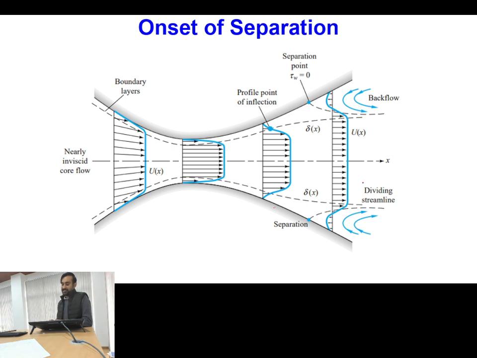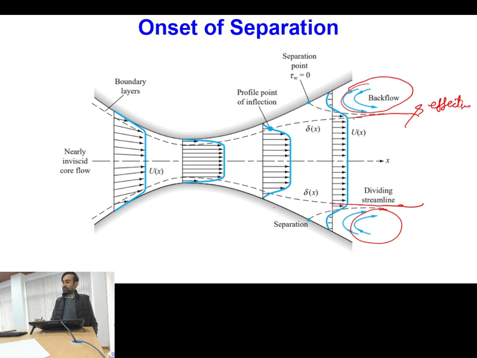Once velocity is decreasing, at the point where I have flow separation, vortex rings will form, and after this point only this much portion will be the effective portion for flow, because here I have the formation of stationary vortices. This type of circulatory pocket in the flow will appear. So the major effective area of the flow will be only this much.